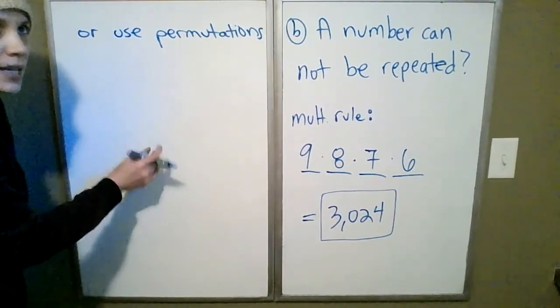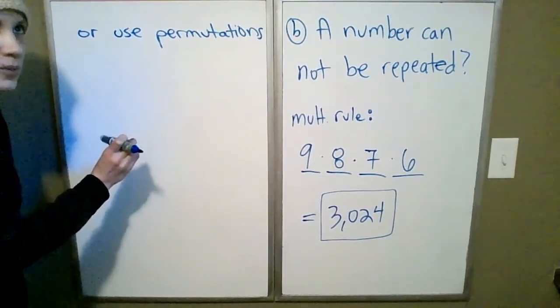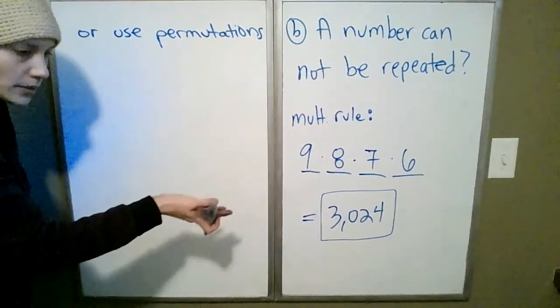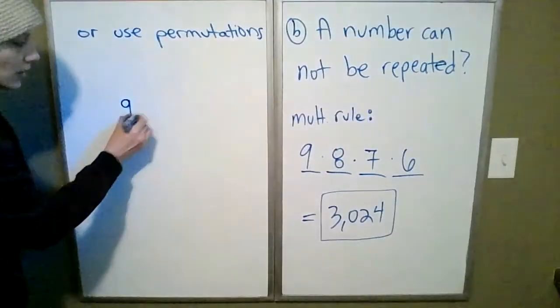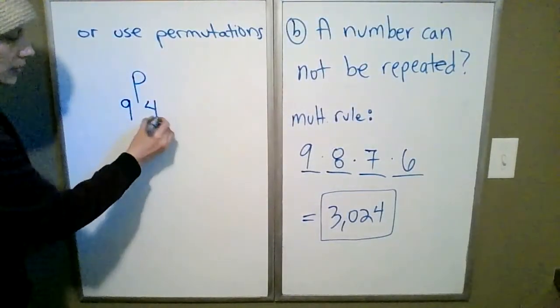So I'm going to take 9 digits and permute 4 of them to create a code. So it'd be 9 permute 4.